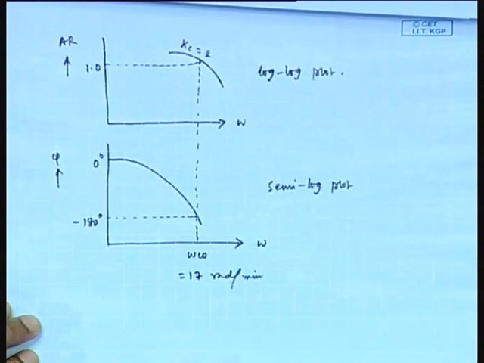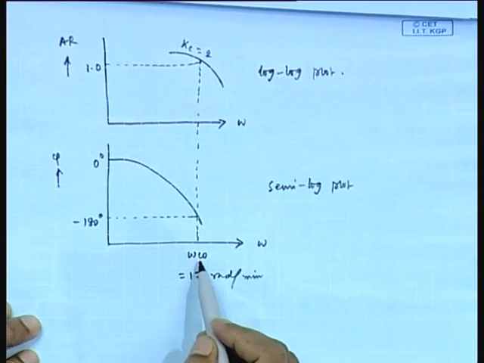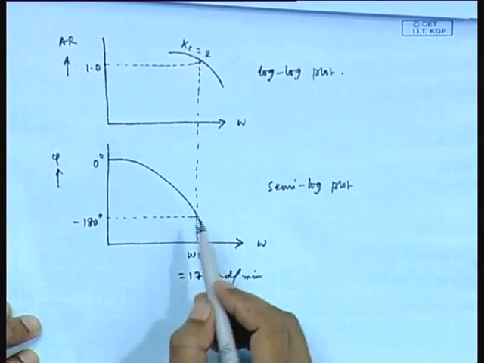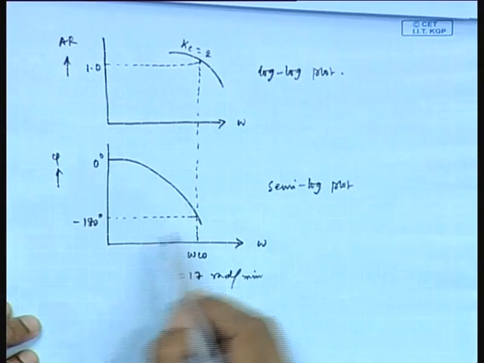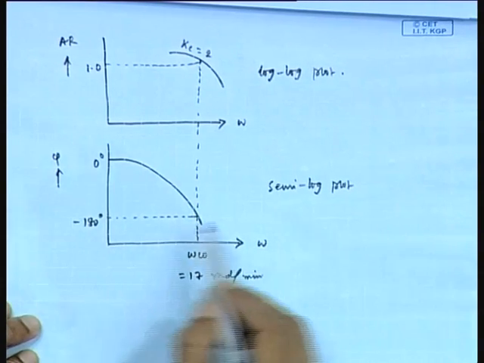Agree? See, we have defined the crossover frequency as we consider phi equals minus 180 degree.